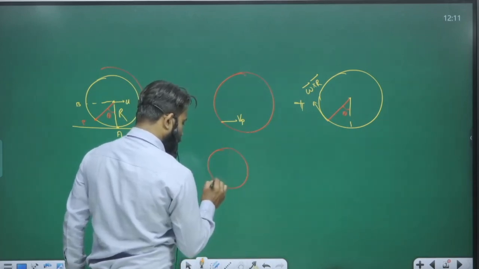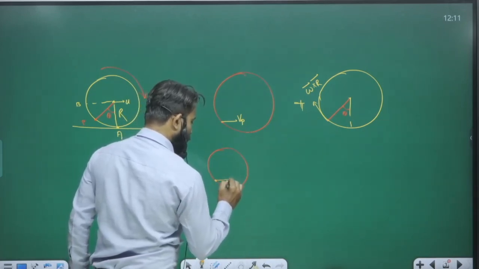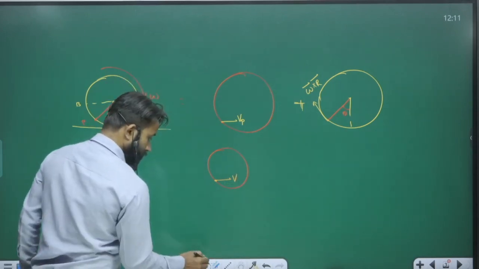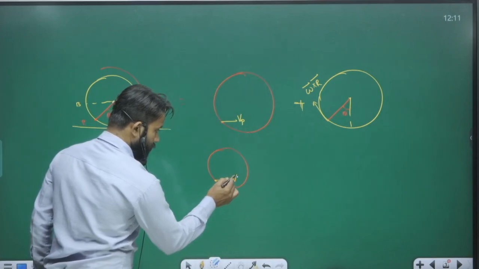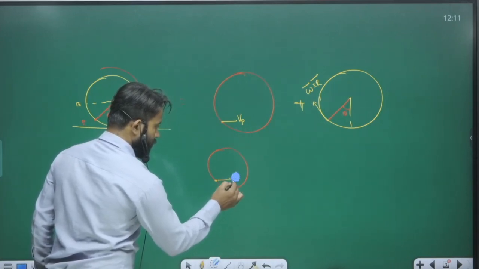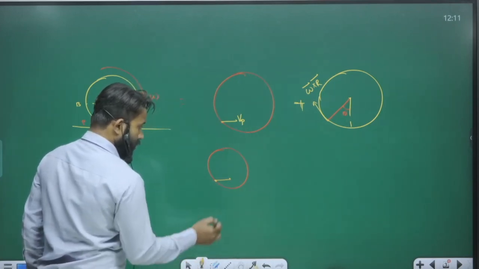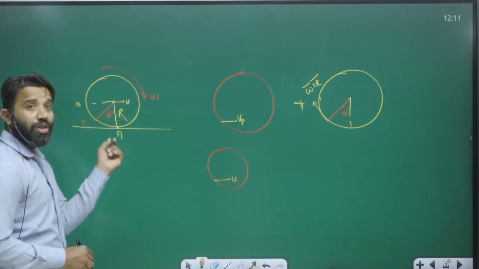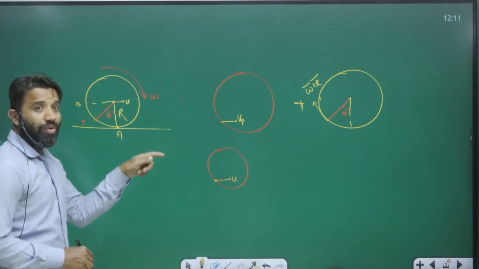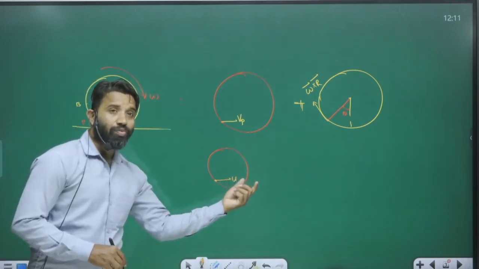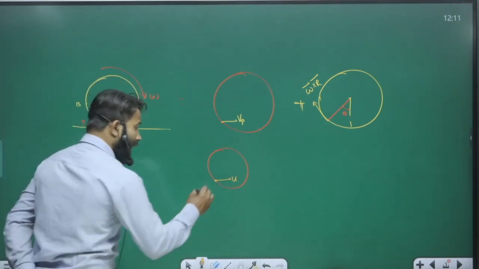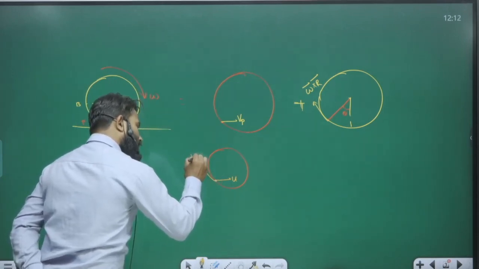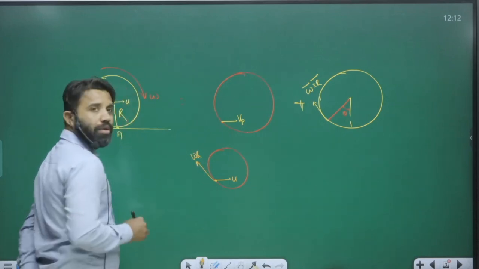This point P has a velocity in this direction, and that is u. This point has velocity in this direction u, that is due to the velocity of center of mass, or due to translation it has velocity u in the forward direction. Along with that, it has a velocity in this direction, and that is omega r.